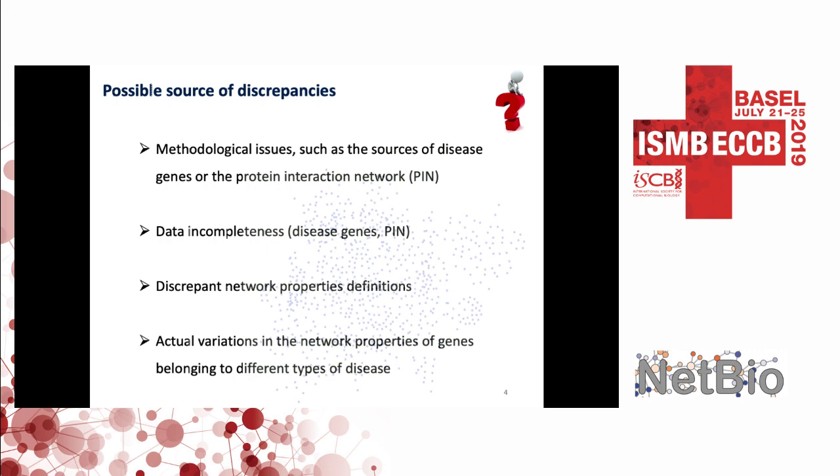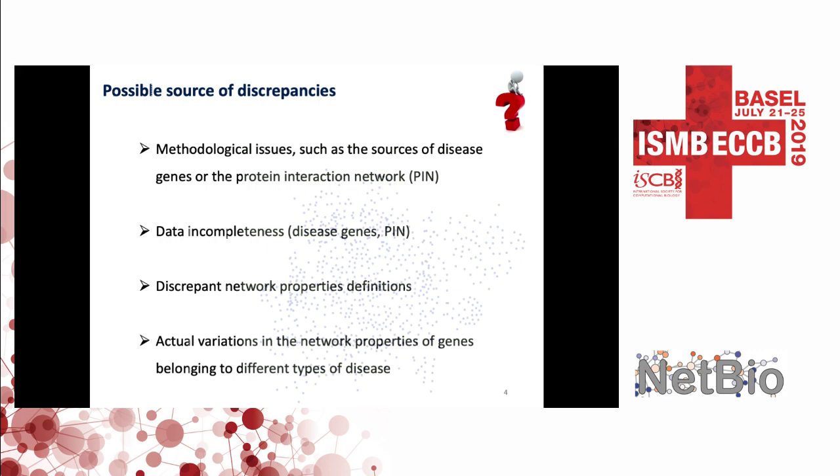The other problem that we are all aware of is the incompleteness of the data we are working on. We don't know all the genes that are implicated in human diseases, and in the case of the protein interaction network, we know that we do not have a complete map of the human interactome, and even for other species as well. Then there is the issue of different, or in some cases discrepant, definitions of the network properties, and this can be the case for the definition of the hubs.